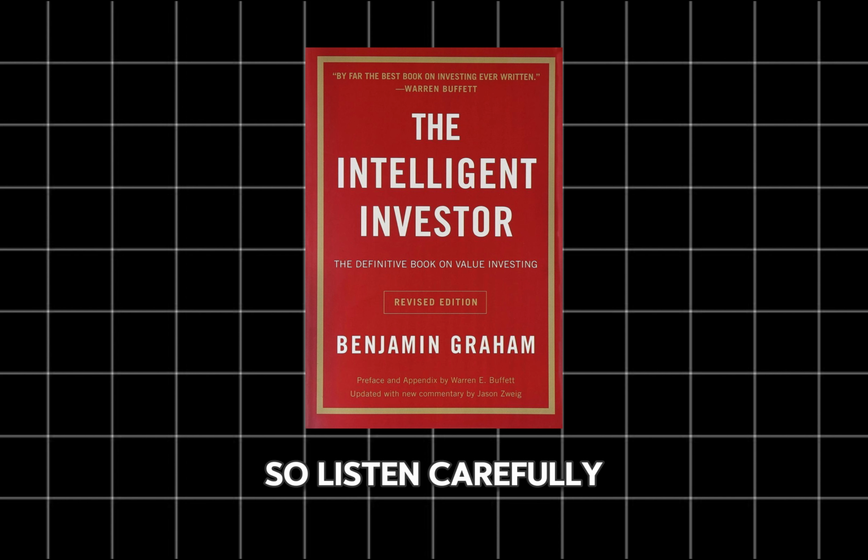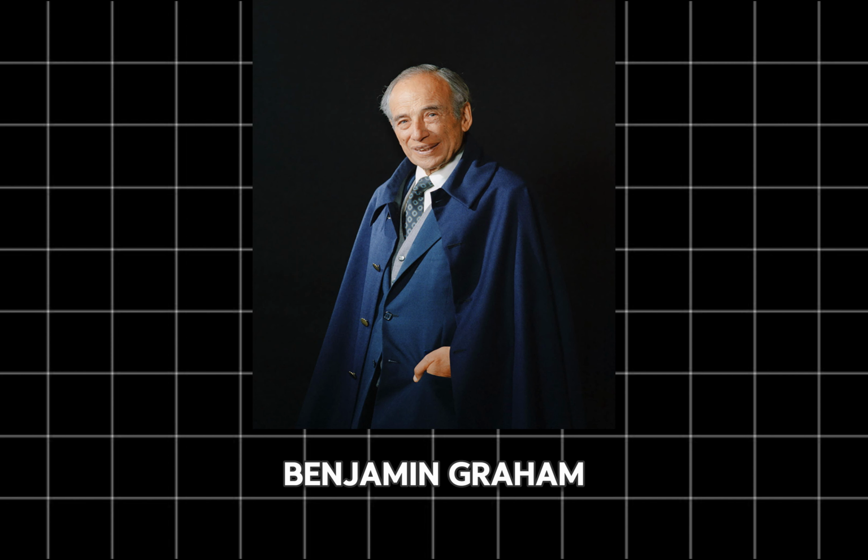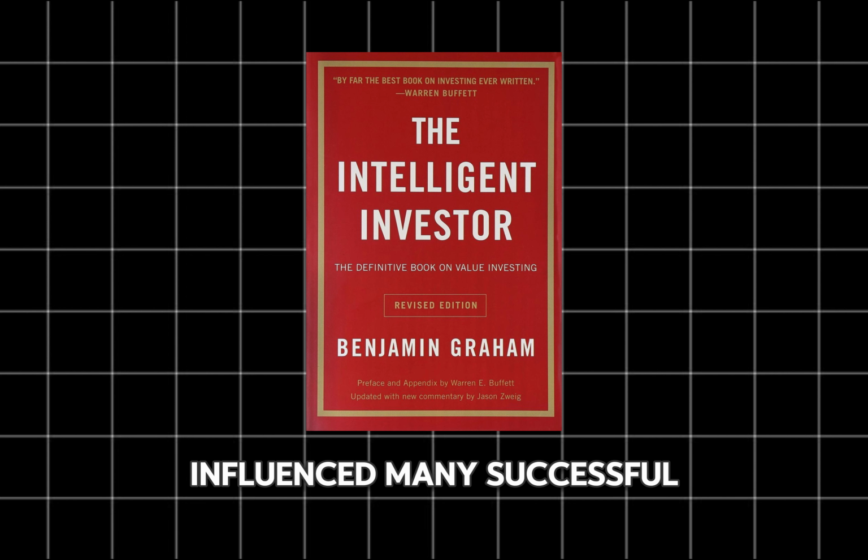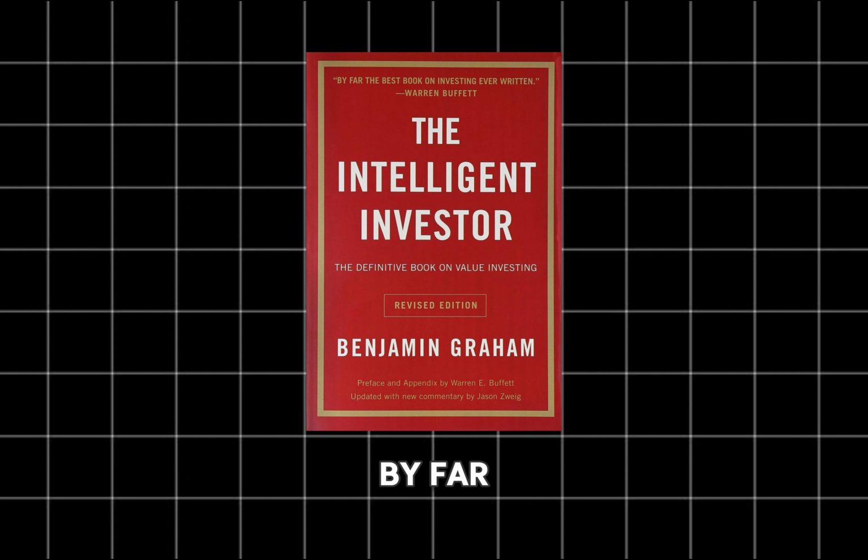So listen carefully. Introduction. The Intelligent Investor is a classic investment book by Benjamin Graham, first published in 1949. Widely regarded as the foundation of value investing, this book has influenced many successful investors, including Warren Buffett, who called it by far the best book on investing ever written.